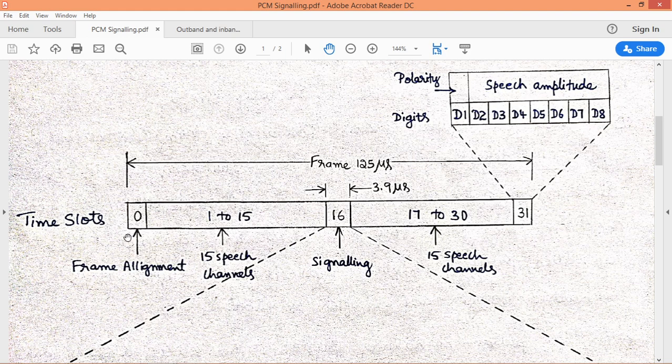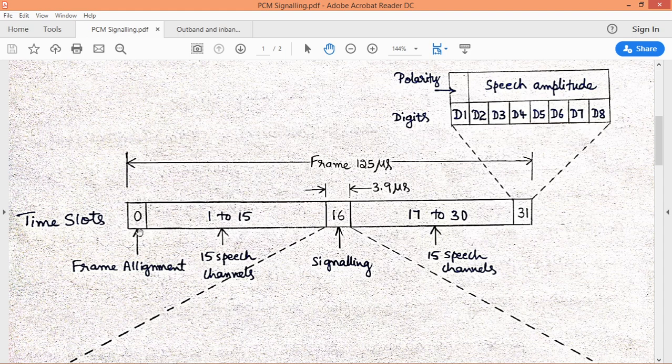We have one more time slot, time slot 0. This is used for frame alignment, that is, how this PCM frame should be aligned in our channel. All those things are taken care of with the help of this frame alignment. In each time slot we store 8-bit digital data, please note.